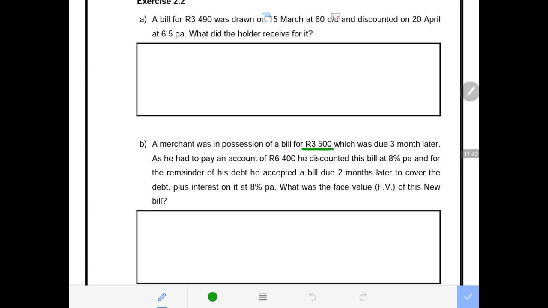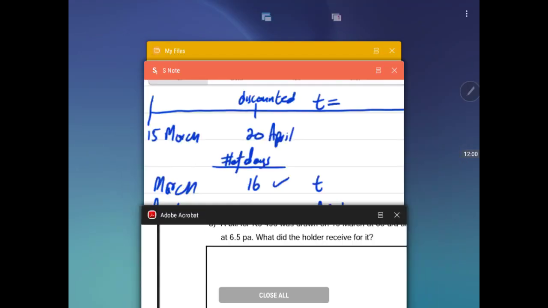So this person had a bill and the bill was due 3 months later. Now if it was due 3 months later, meaning our T is equal to 3 months. So 3 months in this case is the unexpired period. Let me just relate this to what we have done.